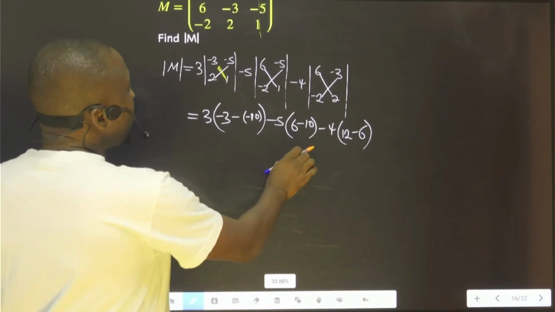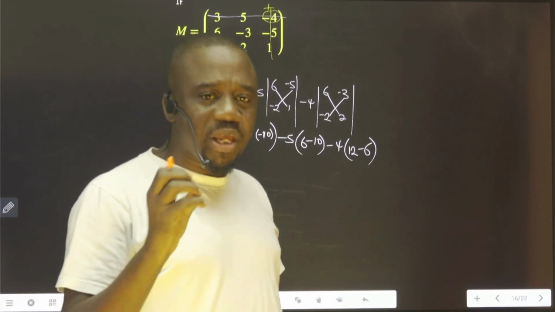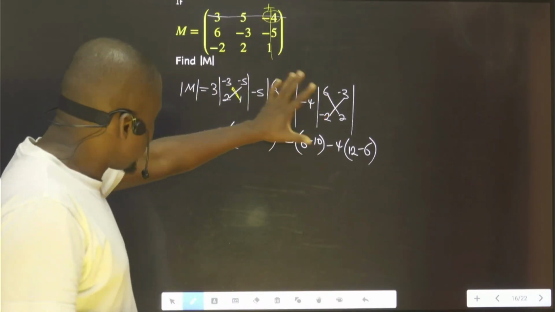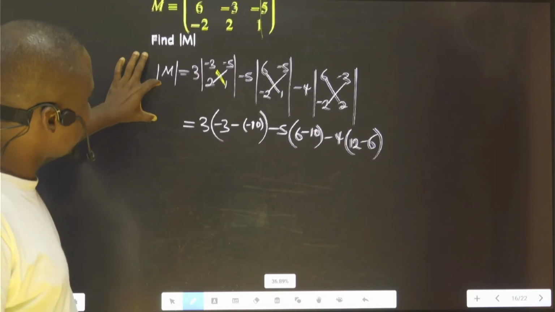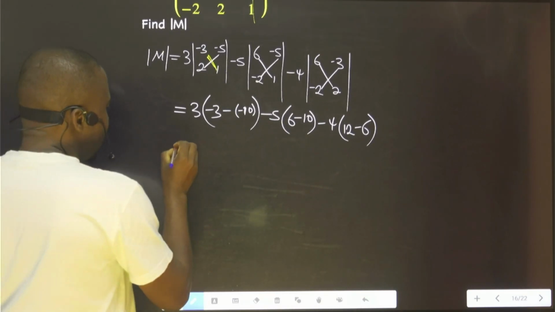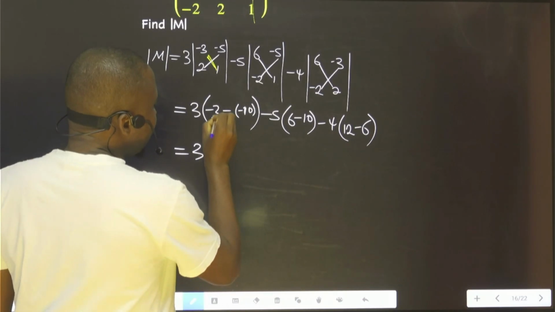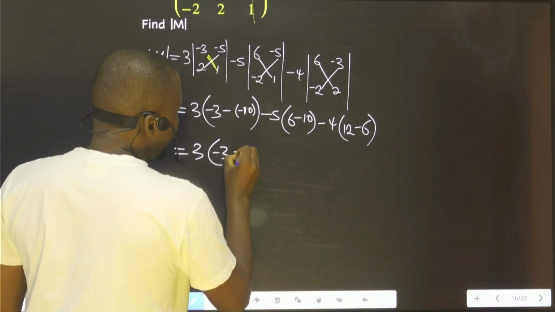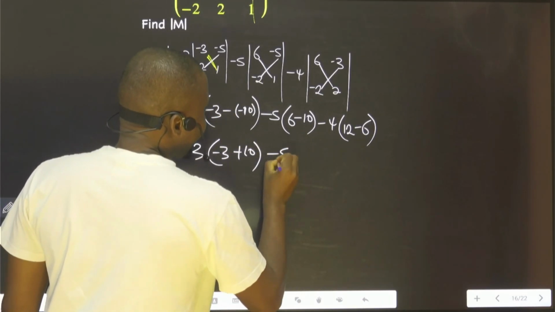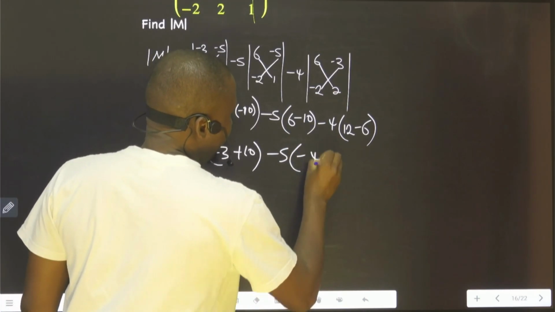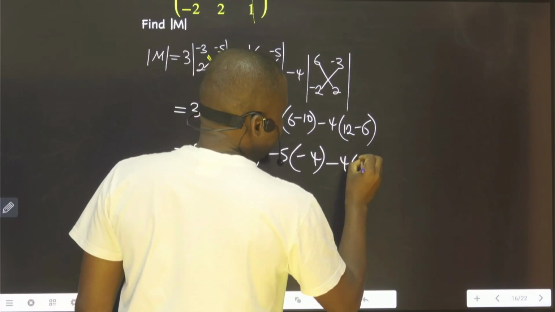Okay? What you just need to do is just to be careful where you are solving this. Just that. There's nothing difficult about this. This is equal to 3. This is minus 3 plus 10. 5. This is minus 4. This is 6.